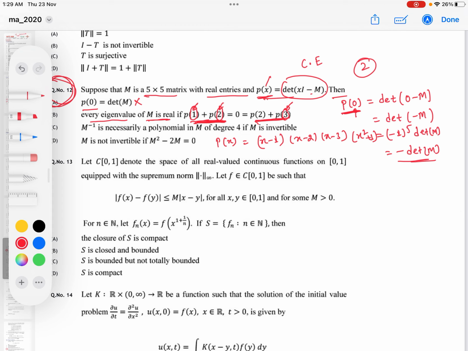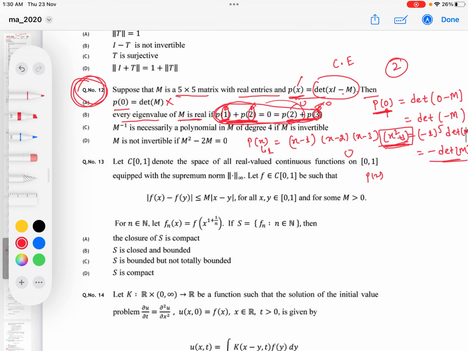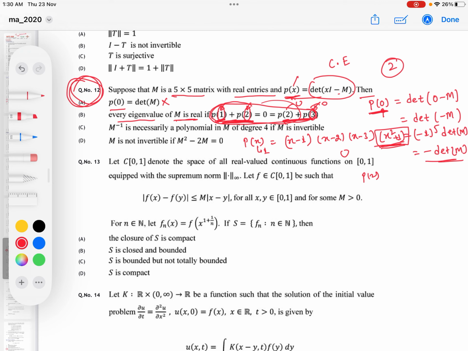So this condition is getting satisfied, right? If you put p1 here, this whole expression will be 0, and p2 is also 0, so 0 plus 0 is equal to 0, and p2 plus p3 will again be 0 and 0. So whatever relation is given, it is getting satisfied, but this root can be imaginary or maybe real, so we are not sure about that. So every eigenvalue of M is real, we cannot say.